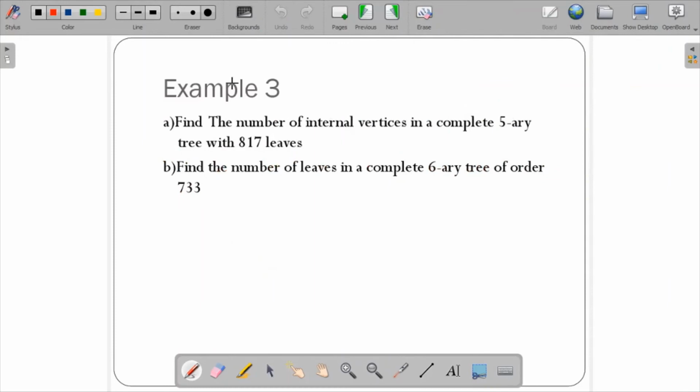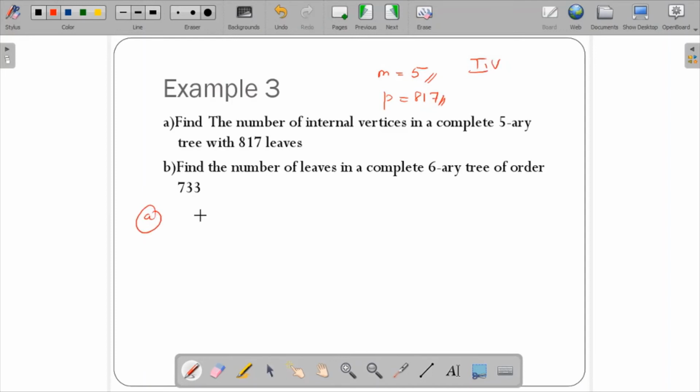Similarly, example 3. Find the number of internal vertices in a complete 5-ary tree. Now the m value is 5, so you should use the formulas we proved in example 1. The m value is given as 5 and p, the leaves, is given as 817. You should find the internal vertices q.